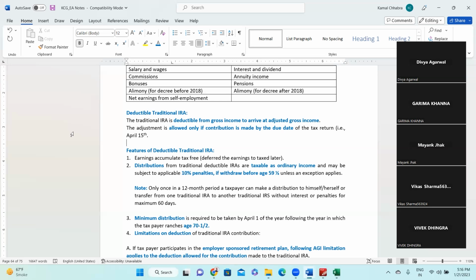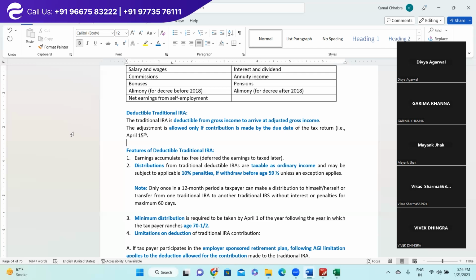Once the individual crosses 70 and a half, the individual needs to withdraw a minimum amount. What is that minimum amount? We'll be discussing that in detail also. But just keep in mind, the individual needs to withdraw from the traditional IRA once he or she reaches the age of 70 and a half years.